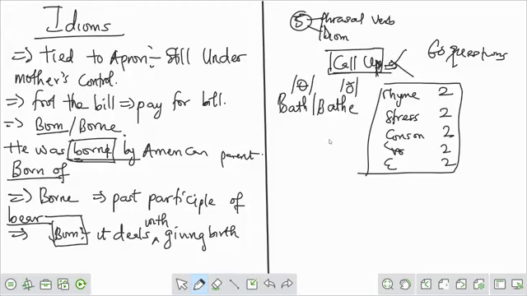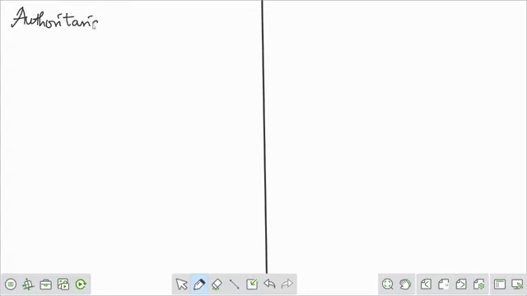So let's continue. Another thing we still have is two words that are somehow similar. We have the word authoritarian, and we have what we call authoritative.